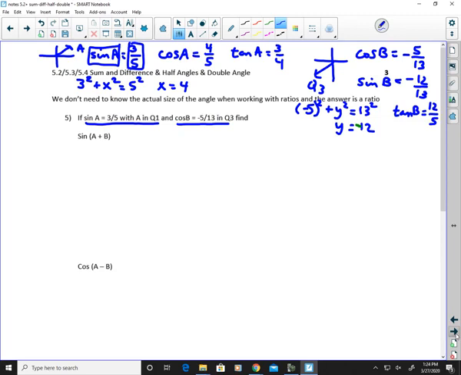So let's start by writing our formula. We know exactly which formula they want us to write. It's the sine A plus B formula. Sine A cosine B plus cosine A sine B. Okay, now here's where you do not write the numbers in the A's and B's, this would be totally wrong.